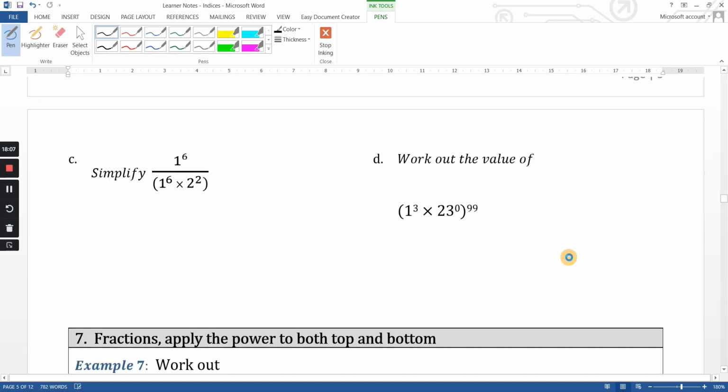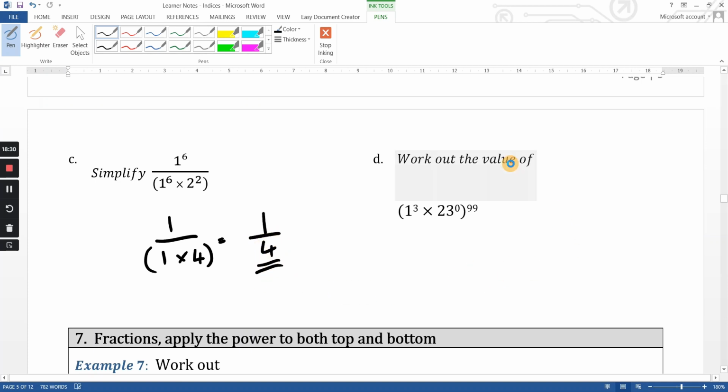Part C, simplify this. I'm going to get 1 at the top, and in the brackets, let's see, that's still 1, and 2 squared is just 4, so my answer is going to be 1 over 4, or a quarter.